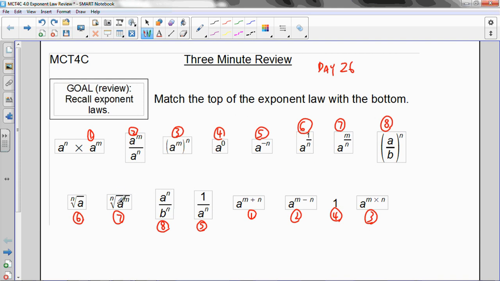The bottom number is the root, and the top number is the exponent. And we'll see how that works when we get into some exponent law review. So hopefully you got those all matched up, and these exponent laws are in the back of your brain somewhere and ready for recall.